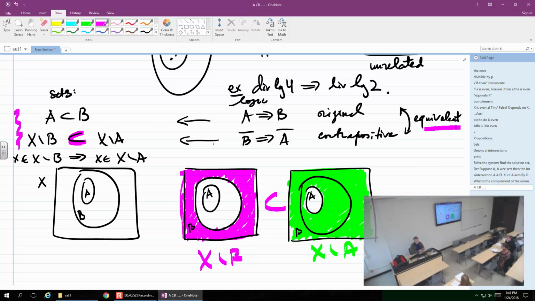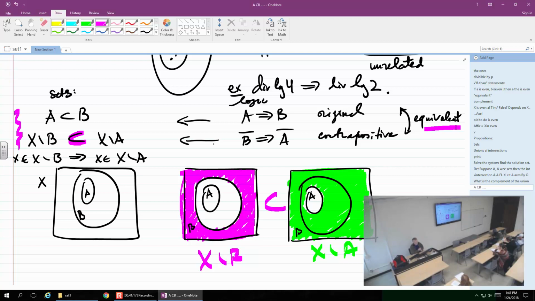Remember, once again, a statement and its contrapositive are equivalent to each other. So they're either simultaneously true or simultaneously false. And why? That's the explanation. Moving from sets to complements reverses the arrow, so what was small became bigger, and therefore the inclusion is reversed.